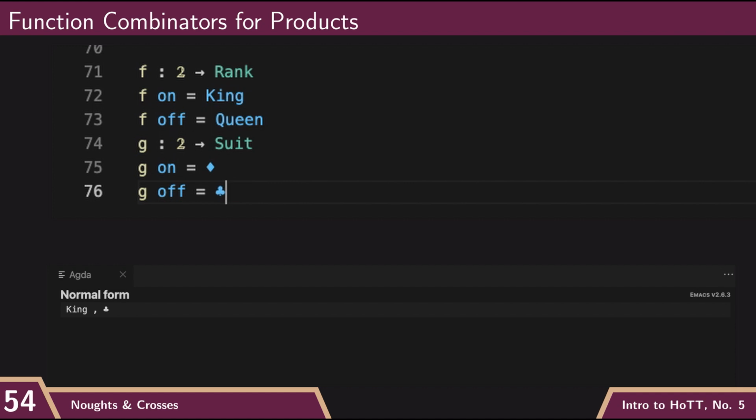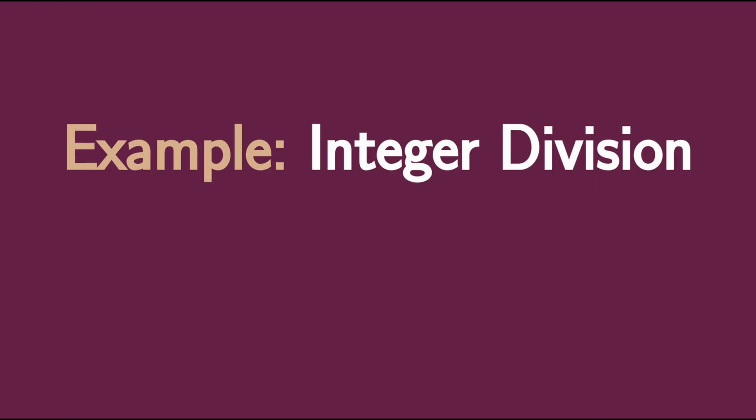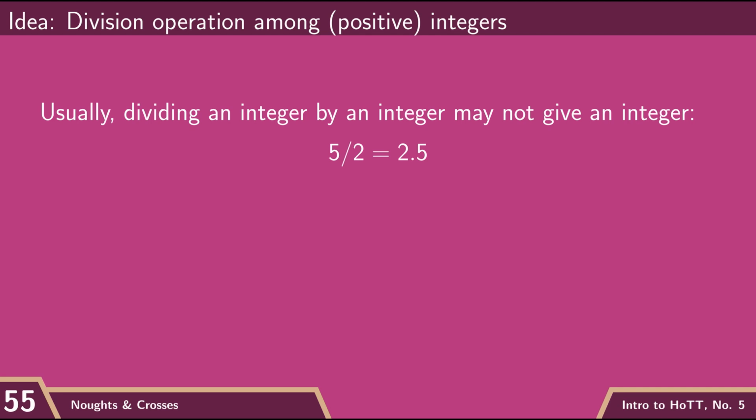So this was kind of a contrived example, but let's go through a more extended example which shows how you can actually use product types, and in particular this combinator. In mathematics, remember that when you divide one integer by another, you don't always necessarily end up with an integer. For example, 5 divided by 2 gives 2.5, which is not an integer.